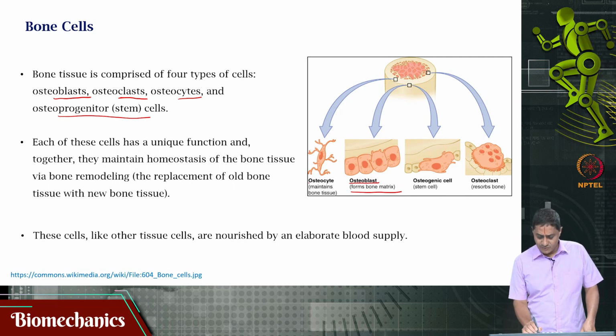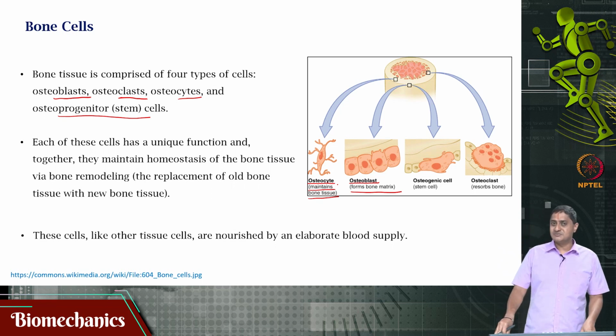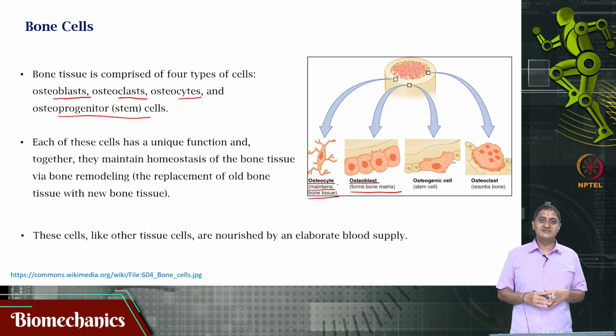This is what maintains the bone tissue. Although osteoblasts secrete these materials, osteocytes do not secrete them, but they are surrounded by the materials that they have secreted and they live for many years.